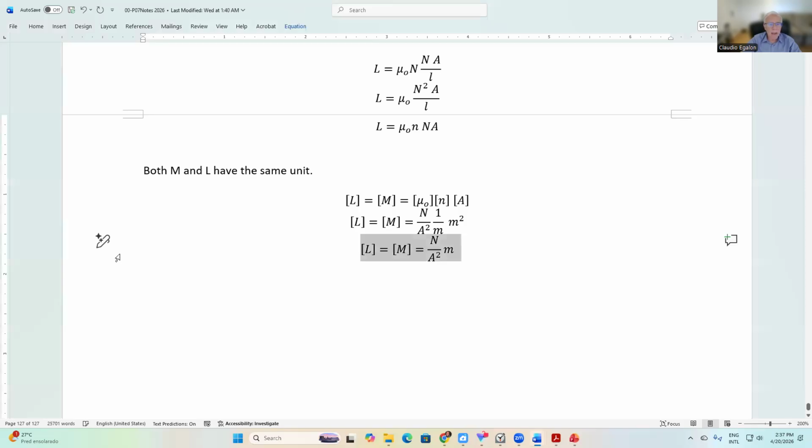Okay? So let me write that in terms of the main units, right? It should be kilograms meter per second square. I'm gonna put second square here. Ampere is going to be coulombs per second, like that.